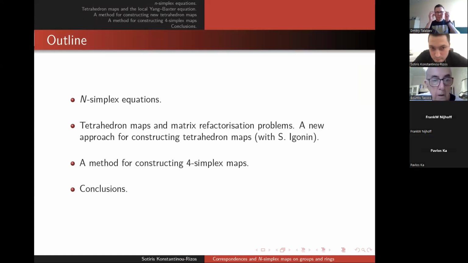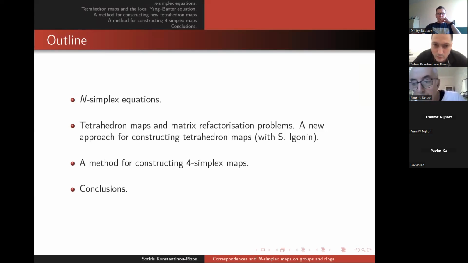So that would be the plan of my talk. In the first part, I will say a few general things about n-simplex equations. However, the main focus will be on methods for construction of 3 and 4 simplex solutions to the 3 and 4 simplex equations. In the second part of my talk, I will explain what tetrahedron maps are and what their relation is to matrix factorization problems.